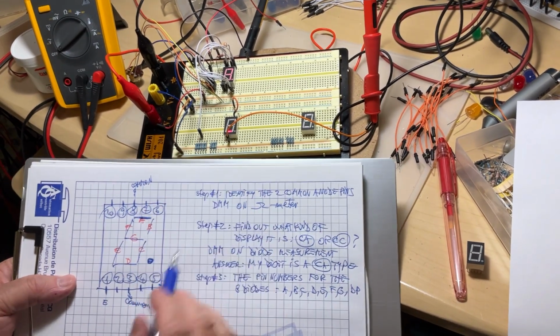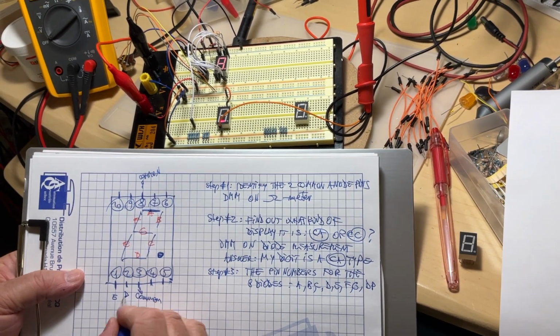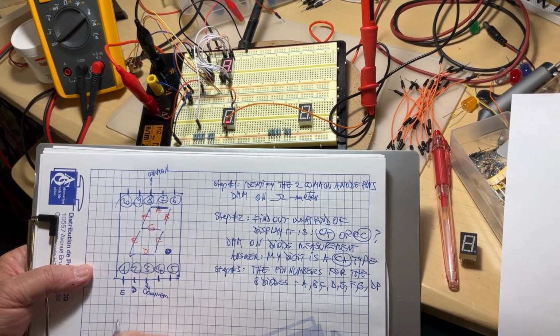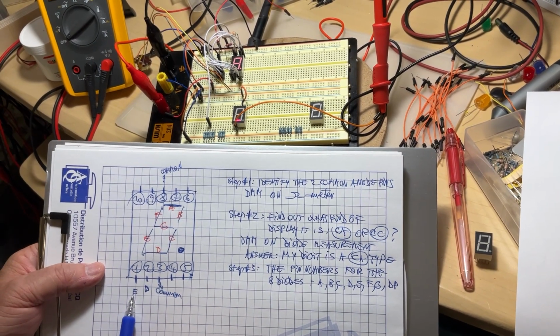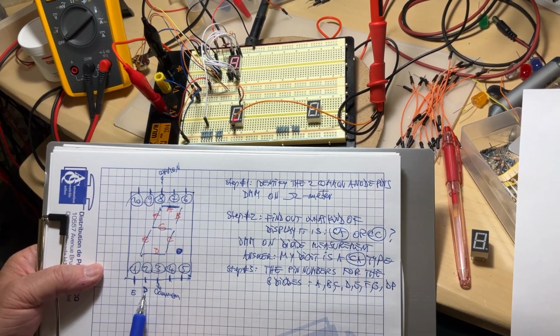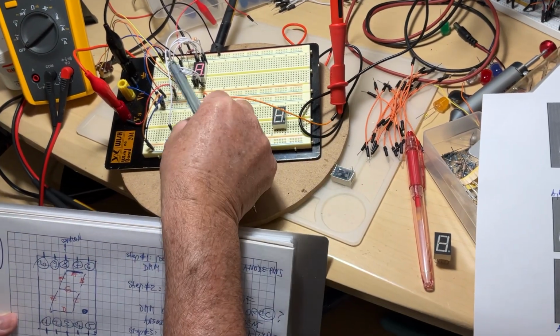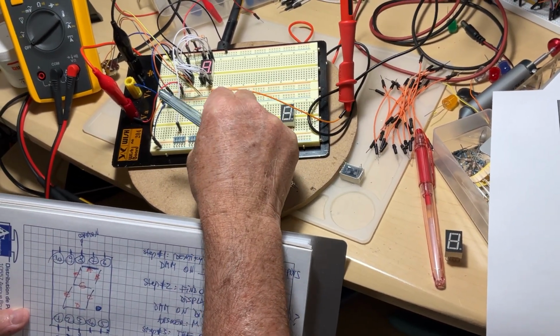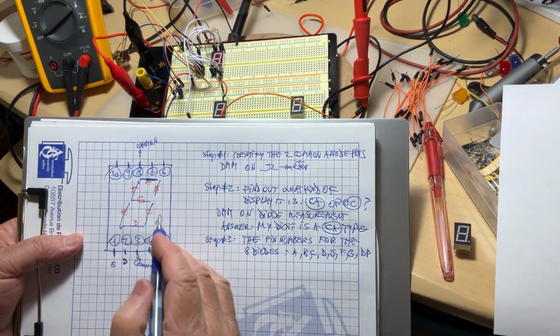Pin number 2 is connected on the bottom segment here, which is D. So take a look how it's going on. Pin number 1 is connected to the segment E. Pin number 2 to the segment D. I go over the common to the pin 4. I don't assume anything. I just measure. Take a look. On the pin 4, that segment here is C.